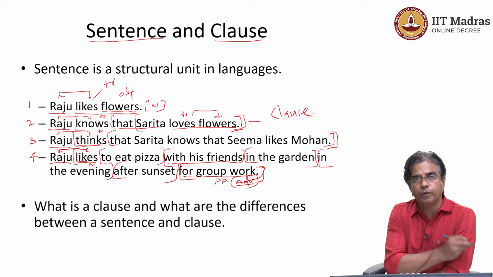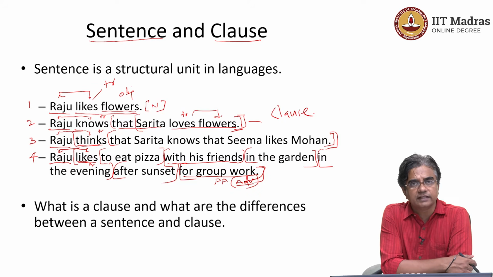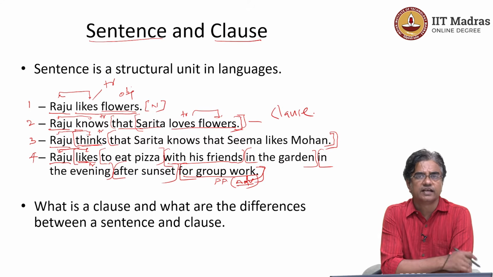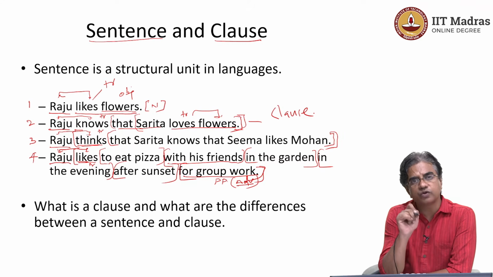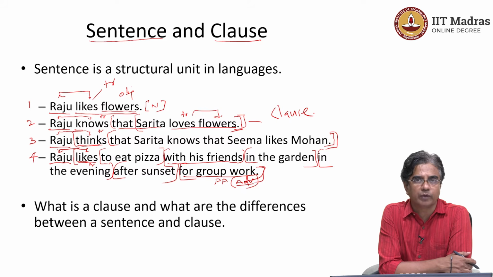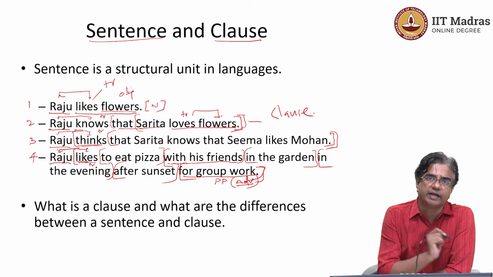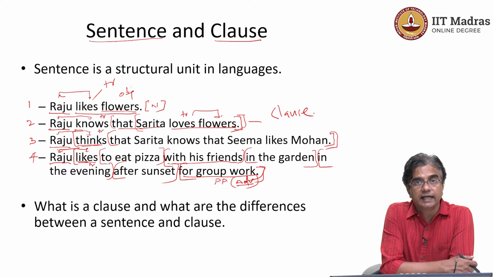Now, if we pause here and try and understand, we are saying we have a whole sentence, a matrix sentence, where the clause is also part of the matrix sentence. True. No ambiguity here. So a clause is something that is embedded within a matrix clause. Hence, this clause can also be called an embedded clause.